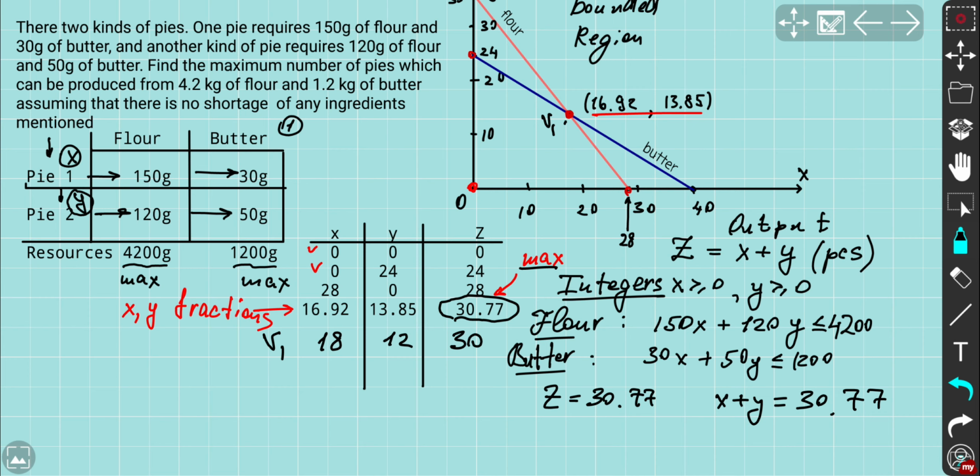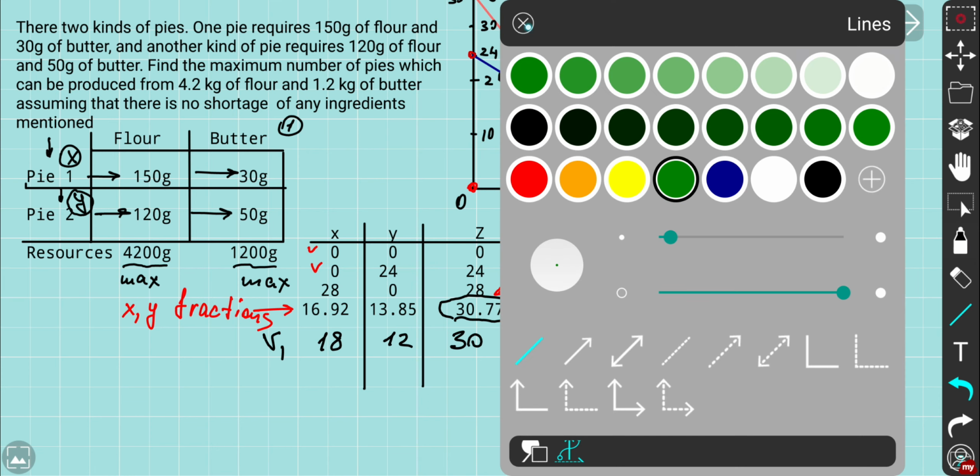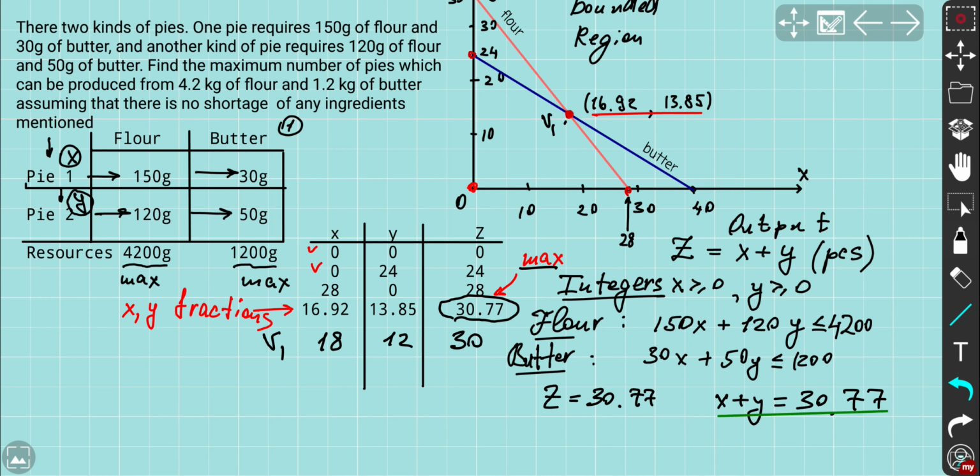It will look like it goes through the point of the vertex. Let it be the equation of that line. I drop that on the Cartesian plane, and according to what I see, it goes through 30.77.